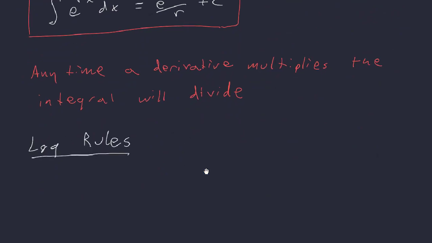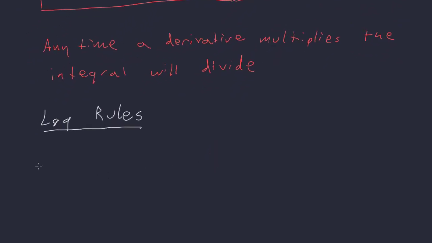Okay, so for logs, well, we have that the derivative with respect to x of the natural log of absolute value of x is 1 over x. I'm using the absolute value of x to get the whole domain. We talked about that in the log rules for derivatives before.